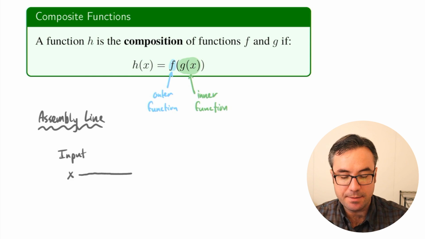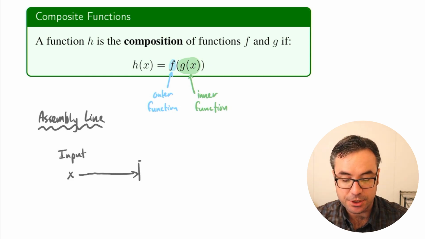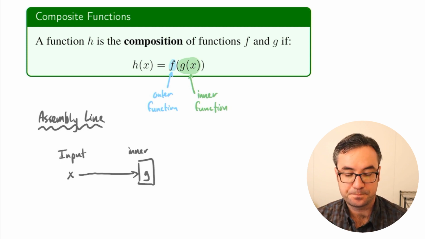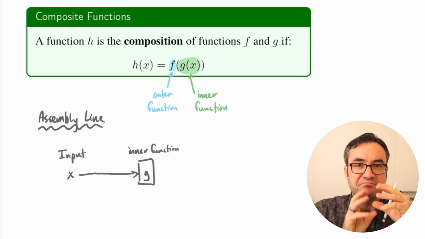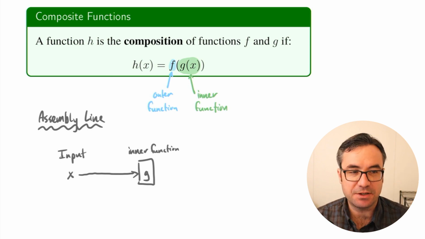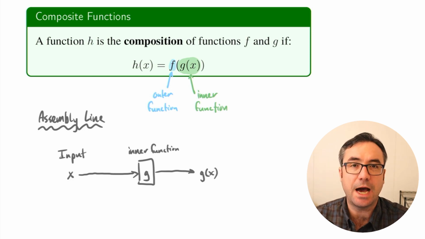So we take our input and plug it into our inner function, function g. And what function g does is it takes that input, changes it into something else, and gives us out the output g of x. That's what we call the output of function g.